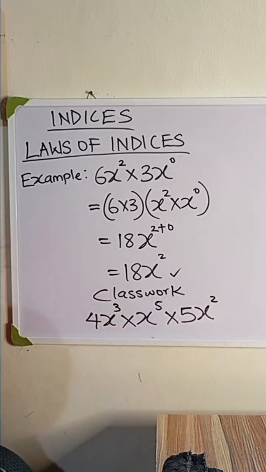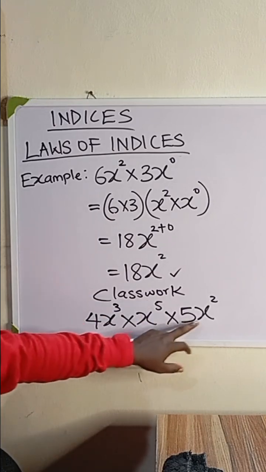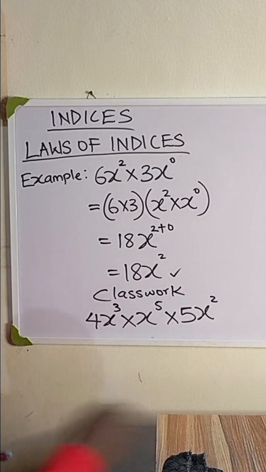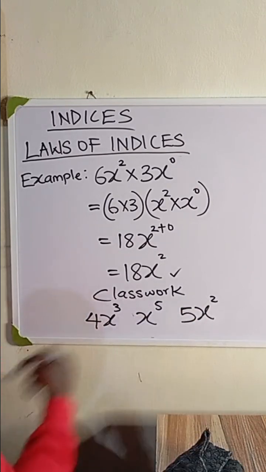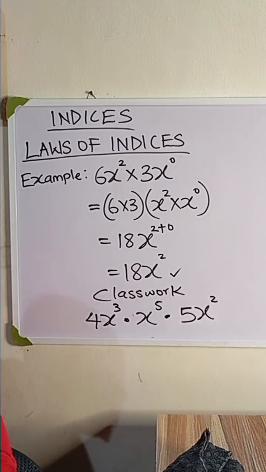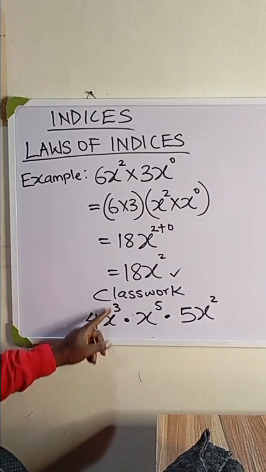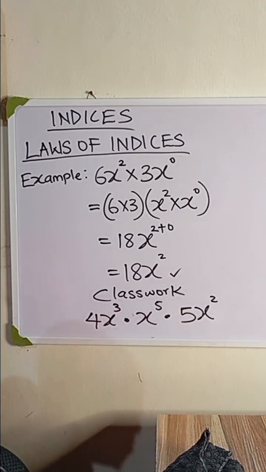I'd like you to solve this in 2 minutes, and then we'll go to the next law of indices. So that there will be no confusion, let me just change it to a dot. The dots represent multiplication.